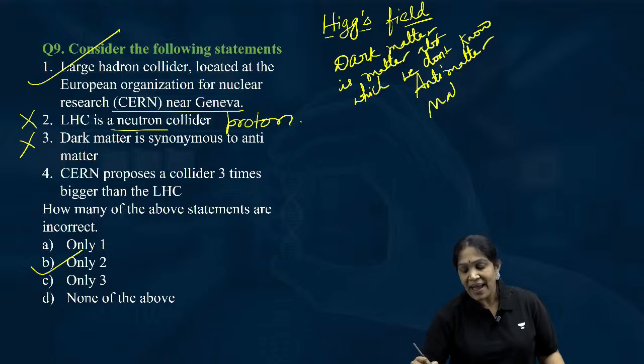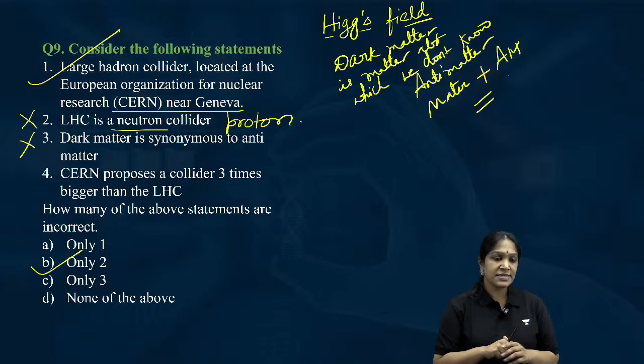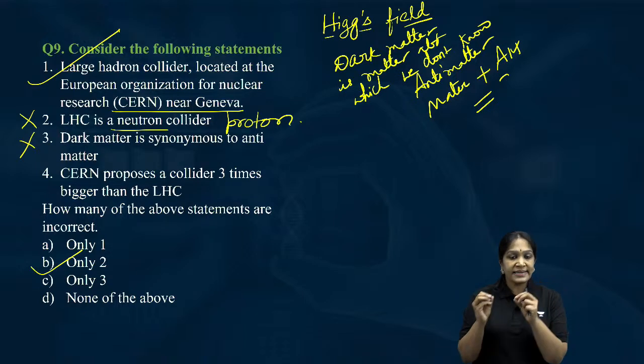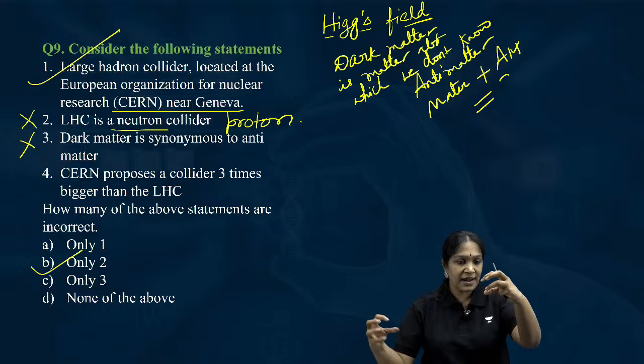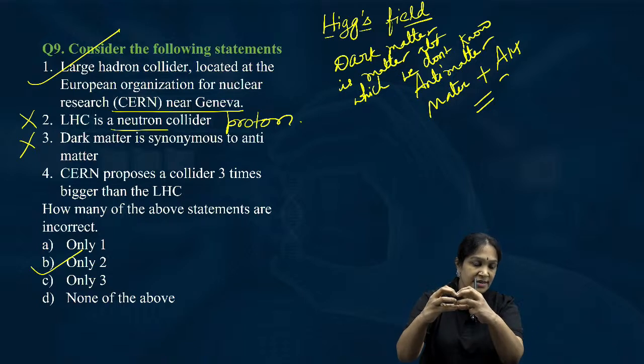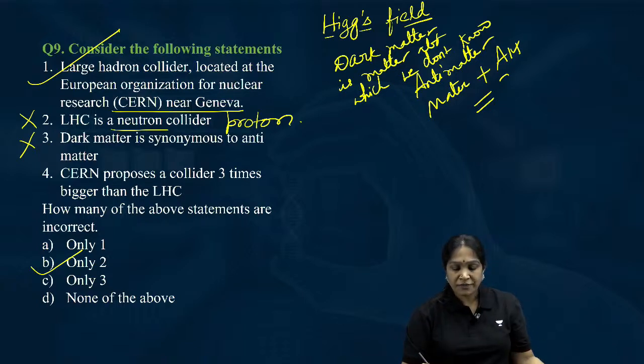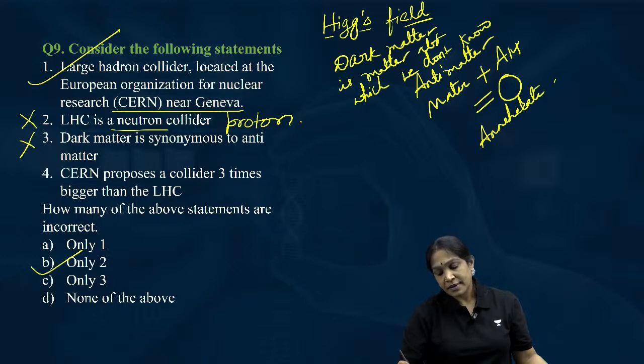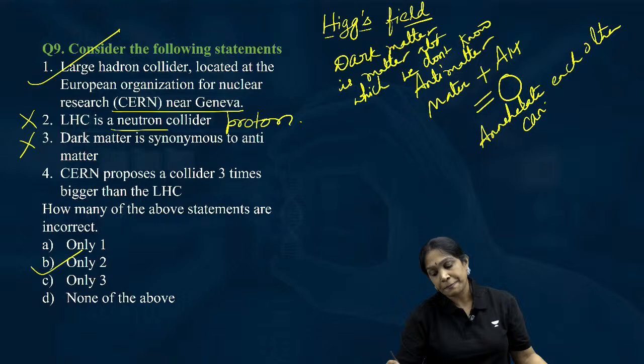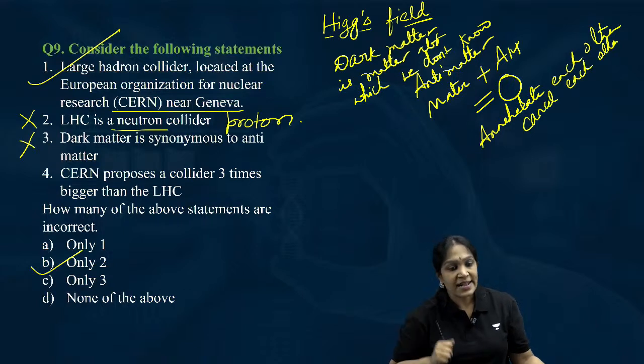Antimatter means matter plus antimatter is equal to 0. Is it clear? If matter and antimatter collide with each other, then what happens? They both will annihilate each other. It means they both will cancel each other. Understood? They both will cancel each other.